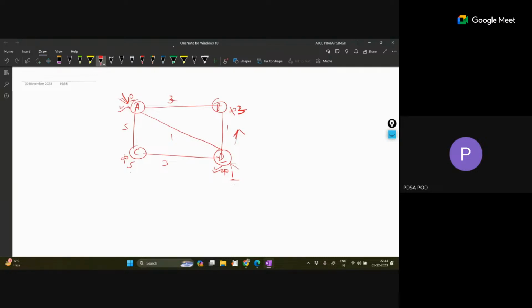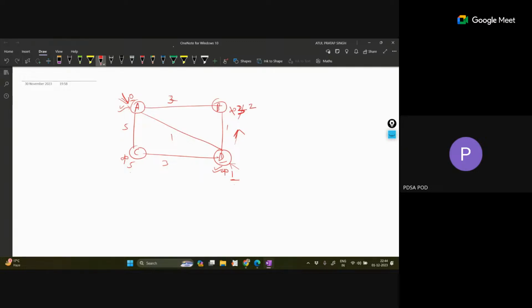So we add the previous distance also. This 1 represents A to D, and we add 1 plus 1. So D to B is 2, which is not smaller than the previous one, so it stays 2.